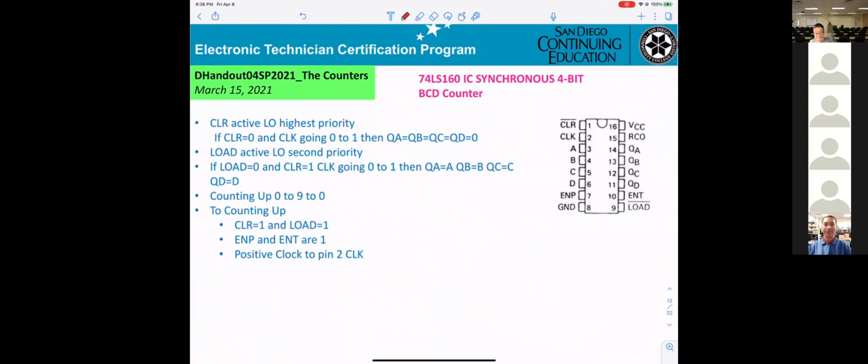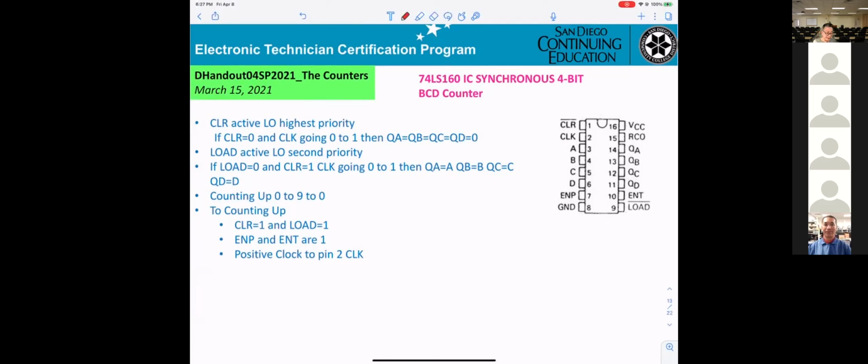On this one, 160, you get the left number 8, I think so. 160 is a BCD counter. That means the counter counts 0 to 9. Only up, not down.